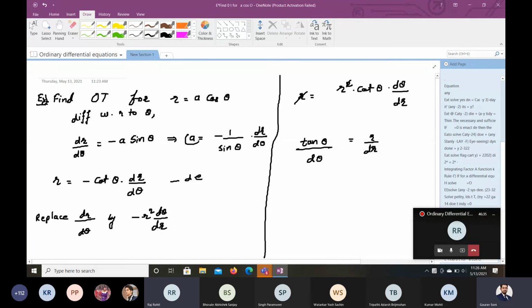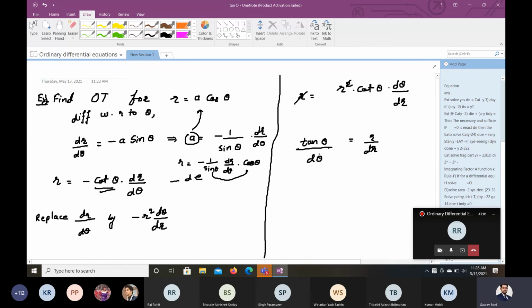When you put this value of a in the equation, what you get is r is equal to minus 1 upon sine theta dr by d theta into cos theta. So combining these two, I got cot theta over here. Now we take the reciprocals.